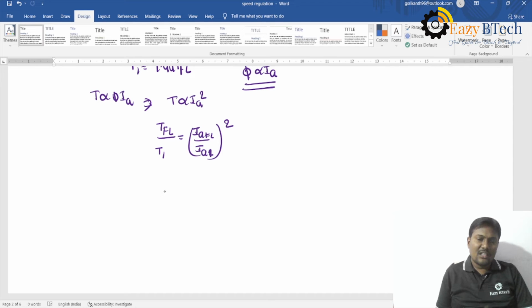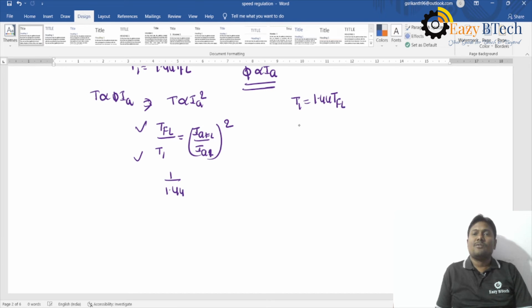What is the full load torque now? The full load torque by T1 should be 1 divided by 1.44. See here, T1 is equal to 1.44 times T full load, so T full load is equal to 1 by 1.44 into T1.